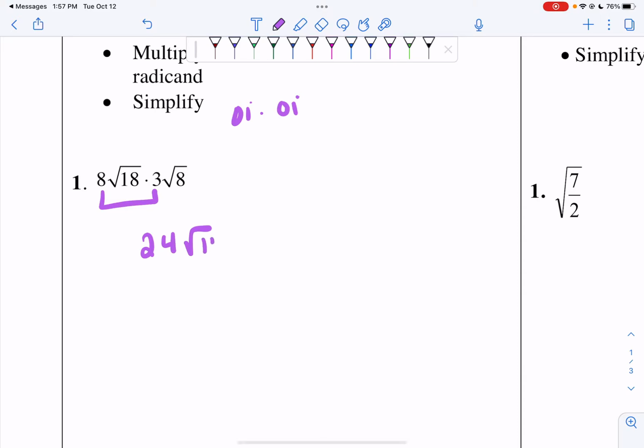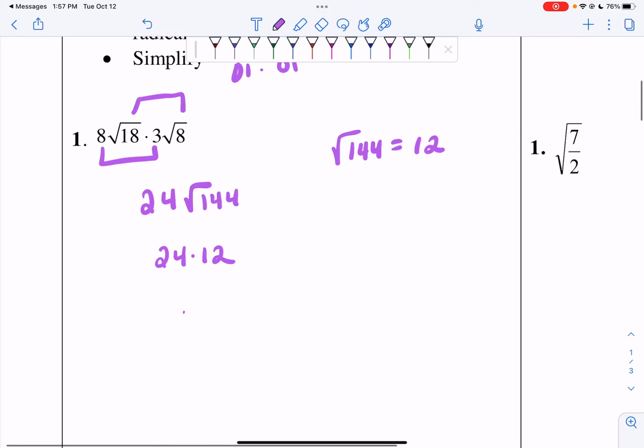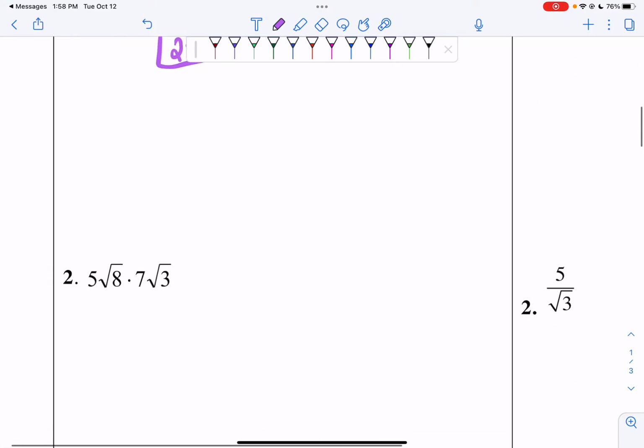So I have 24 square root 144. The square root of 144 is a perfect square. It's 12. So I'm really just doing 24 times 12, and I get 288 as my final answer.